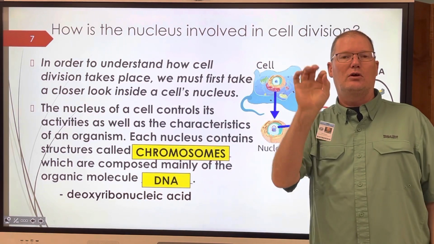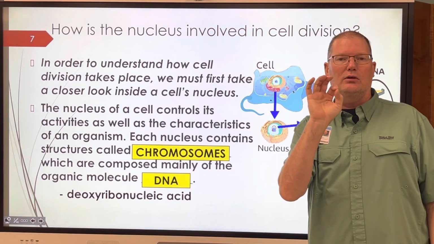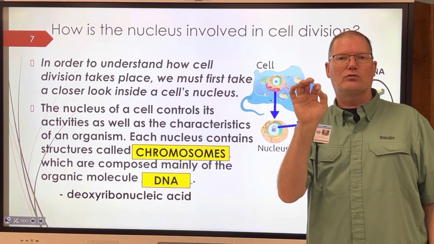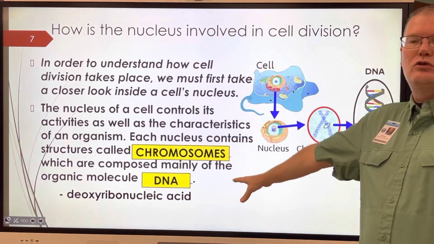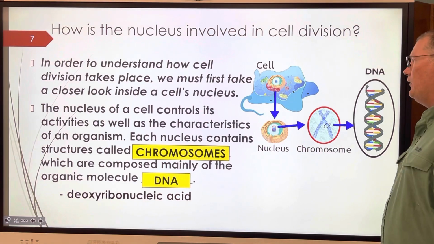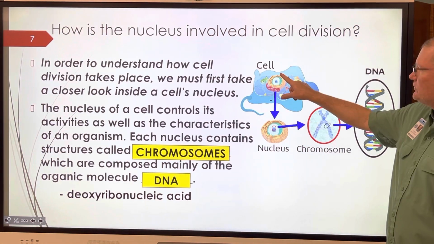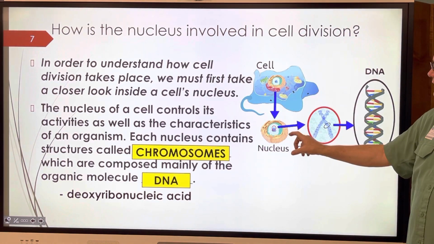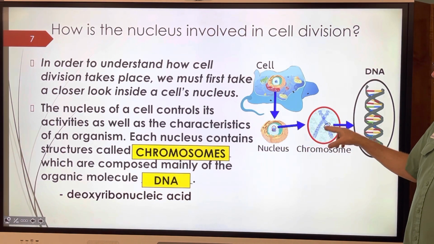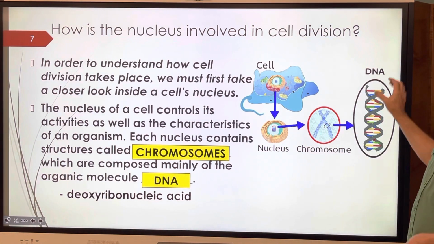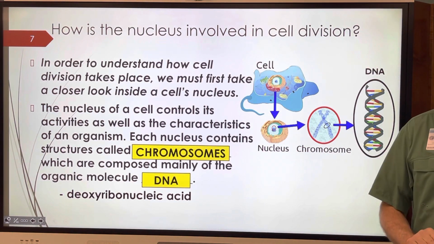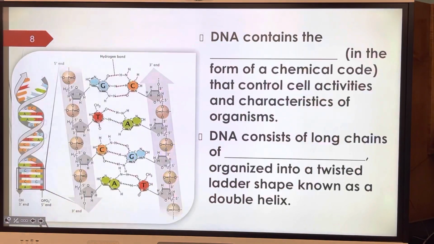Write it in your notes, put an asterisk, a little star, next to it so that you know that that's important, and you have to know how to spell that. So inside the cell is the nucleus, inside the nucleus are the chromosomes, and those chromosomes are made up of tightly wound DNA molecules, deoxyribonucleic acid molecules.